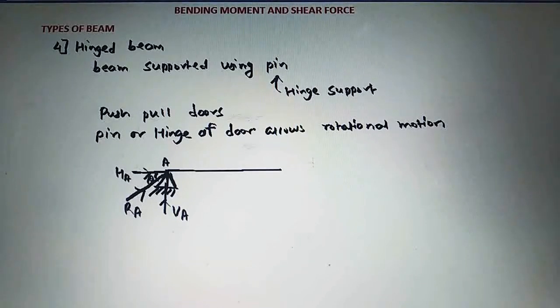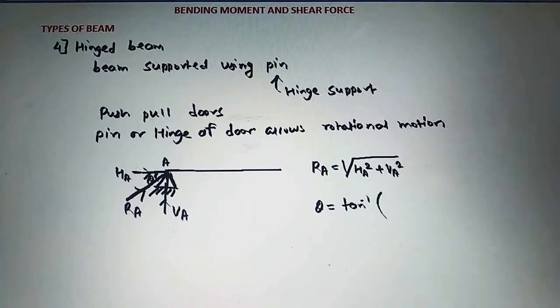So we can calculate this RA as square root of HA square plus VA square, and then we can calculate this theta as tan inverse of VA divided by HA. So this RA gives the magnitude of the resultant reaction at the hinge support, and this theta always gives the direction of this resultant reaction with respect to this horizontal axis. So this is all about the hinge beam.